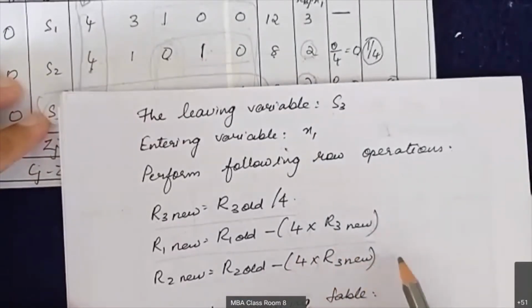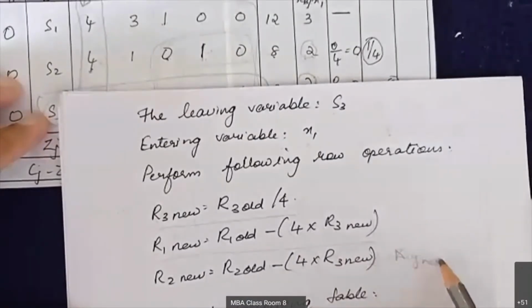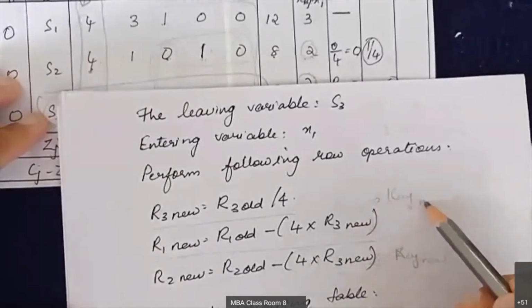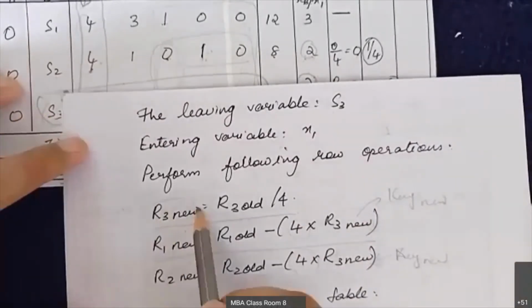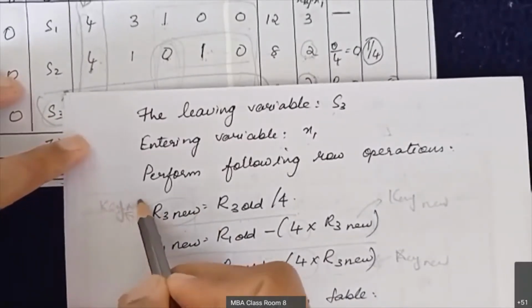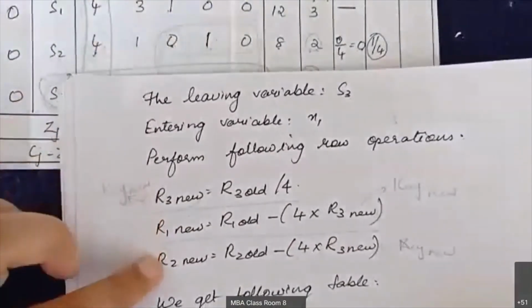R3 new is again our key row, our new key row. So we have all the three operations written down.